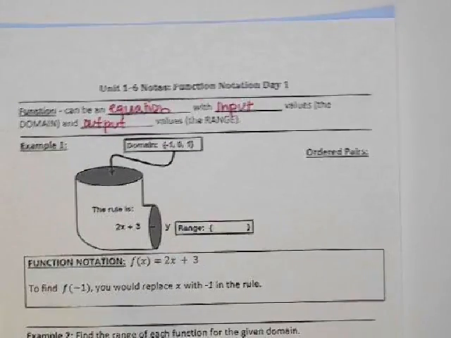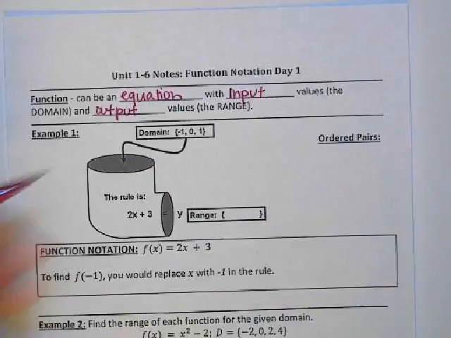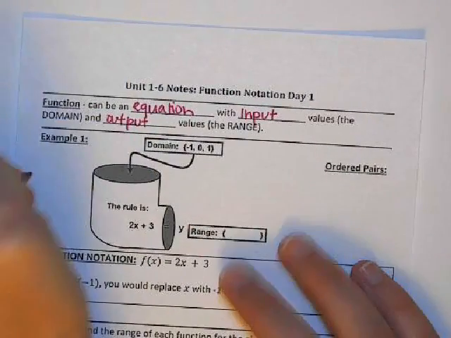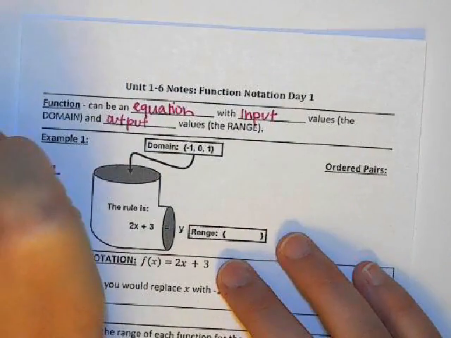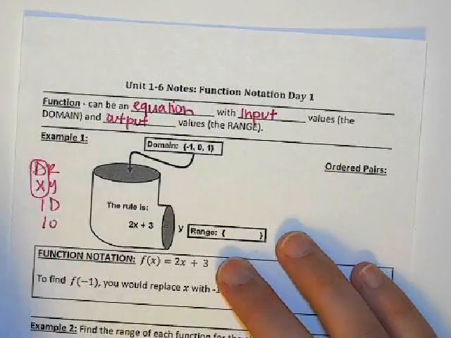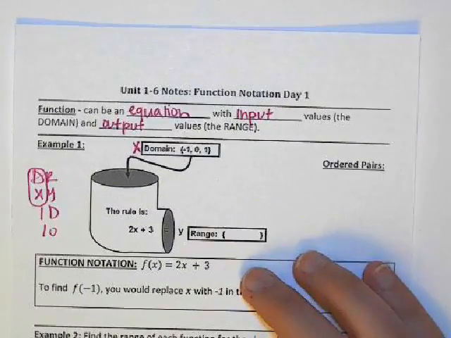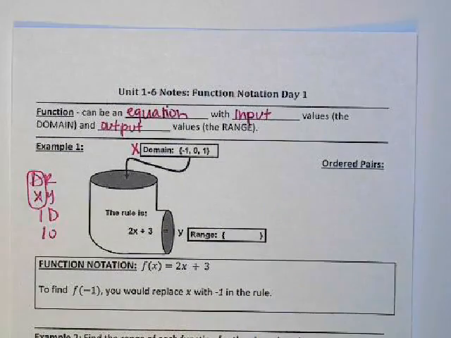Look at example 1. All the information that it gives us. What do you notice on 1? It gives us our domain, right? Well, Dr. XY left his ID in his office. So domain are my x's. What am I looking for?